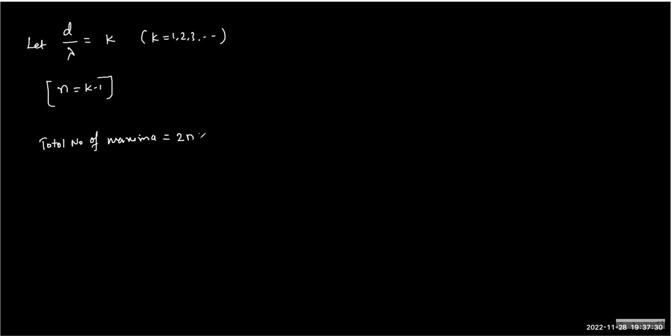So it is 2n plus 1, right? And 2n plus 1 becomes 2k minus 1. So this is the count of maxima.